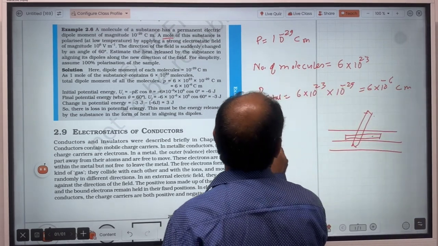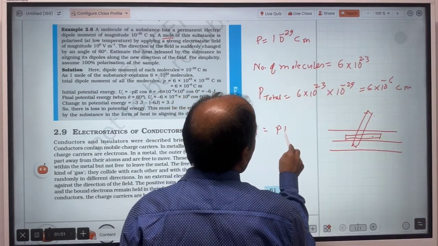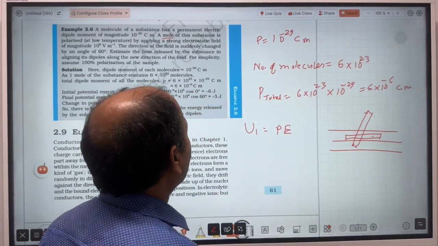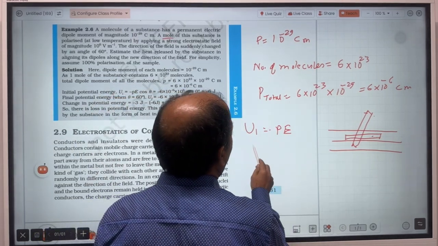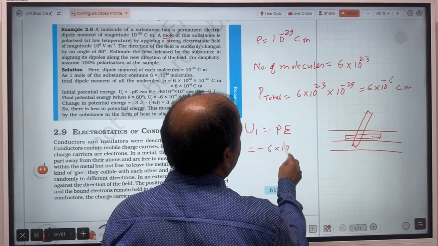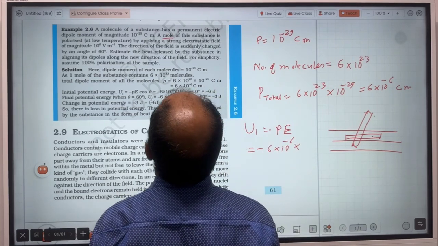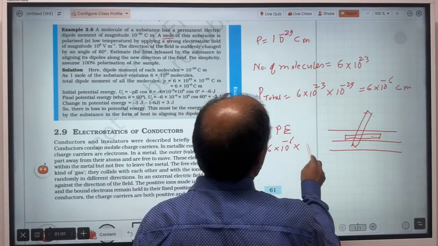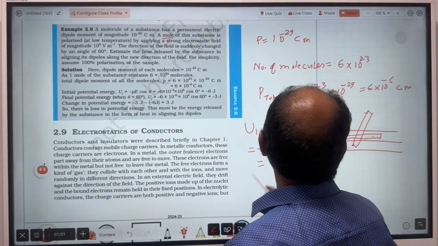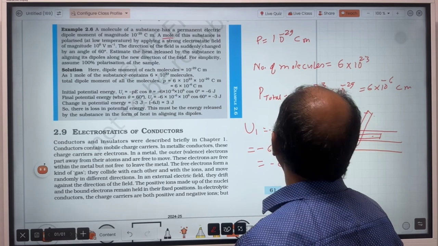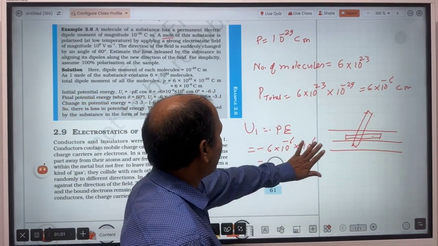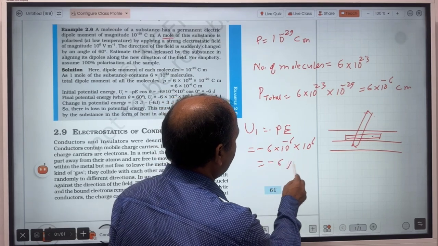In the first case, U1 is just minus PE, because theta is 0 degrees, with a negative sign. So we put the value: minus 6 into 10 to the power minus 6 into the strength of the electric field, which is 10 power 6. So this gives minus 6 joule. Sorry, it's energy, it can't be volt, it's minus 6 joule.